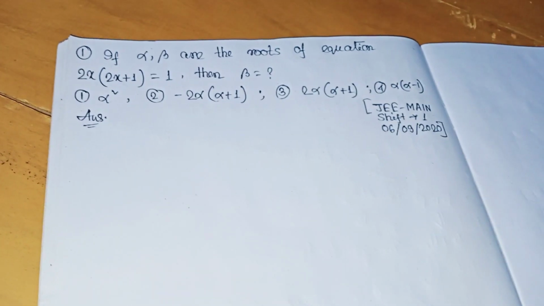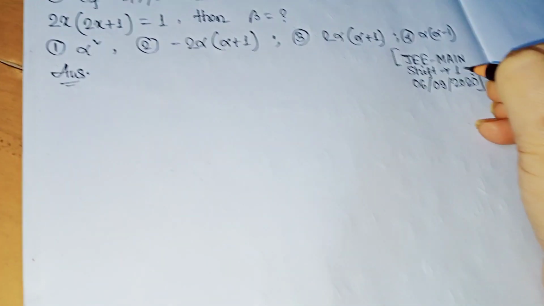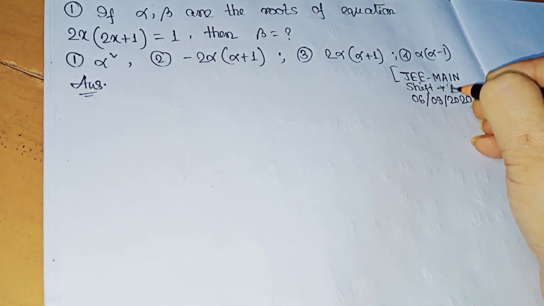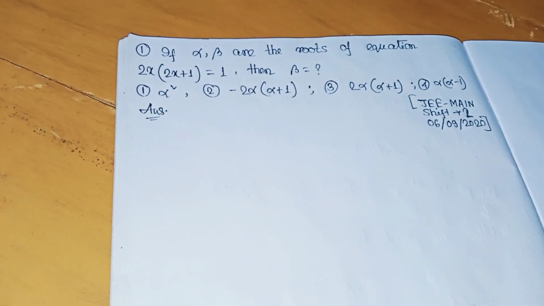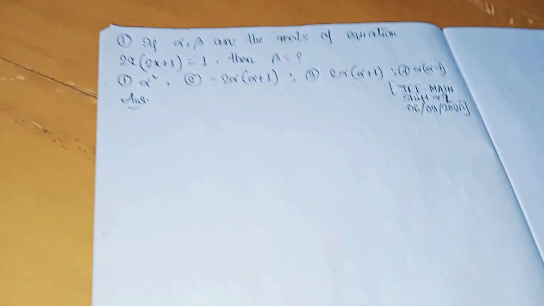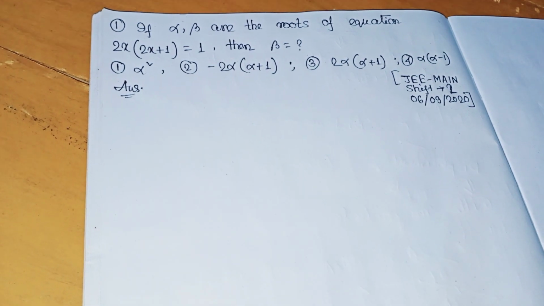Today we solve JEE Main Shift-2, 6th of September 2020, question number 1. If alpha, beta are the roots of the equation 2x into 2x plus 1 is equal to 1, then what is beta equal to?